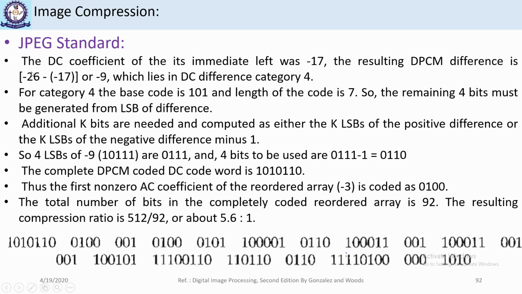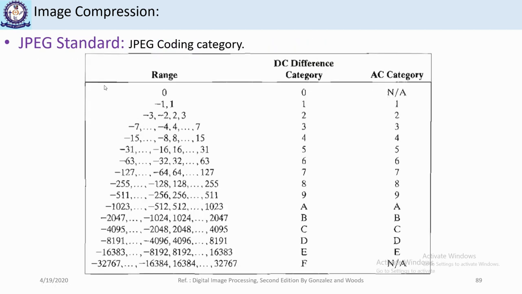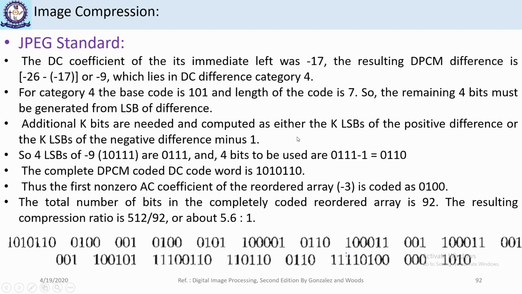Once we have found this difference, then we will find its category. The difference is minus 9. Minus 9 falls in this range, and for this the DC difference category is 4. Now we will find the base code for category 4.